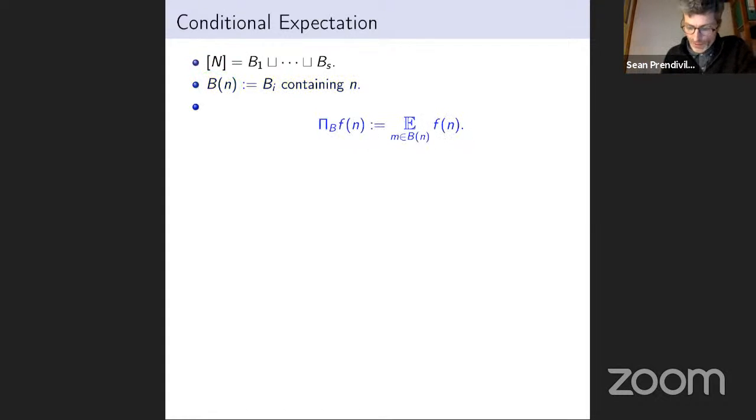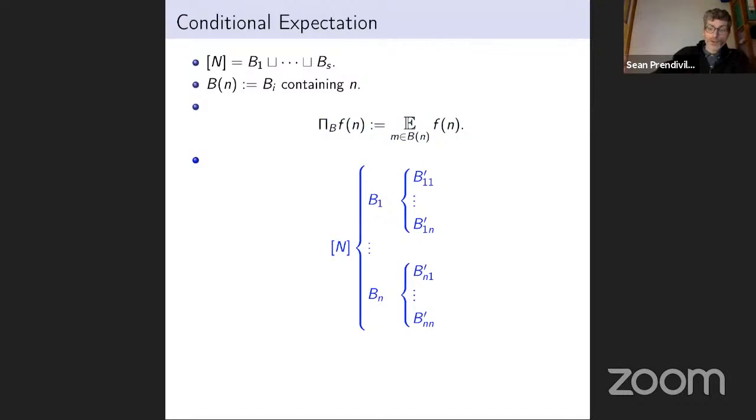So what's our conditional expectation? I'm going to write the projection of our function f with respect to a partition B. So I've labeled this partition as B. Its value at n is just the average of our function on the part corresponding to n, the part which contains n. Okay, nothing too much going on there. We're just locally averaging in the set to which you belong.